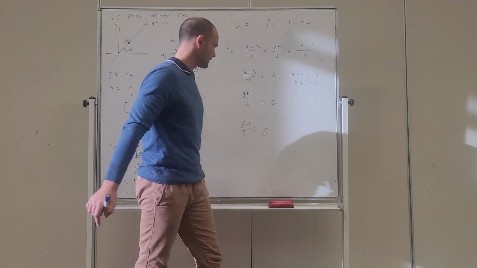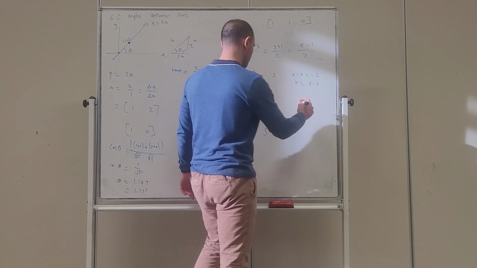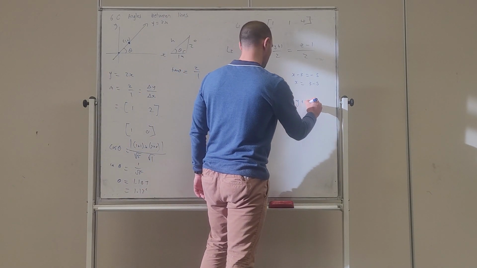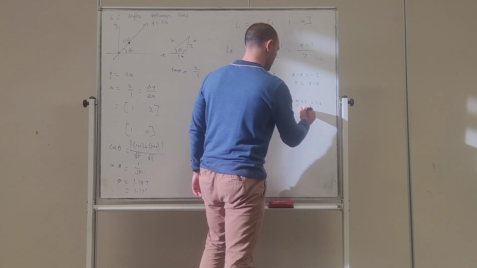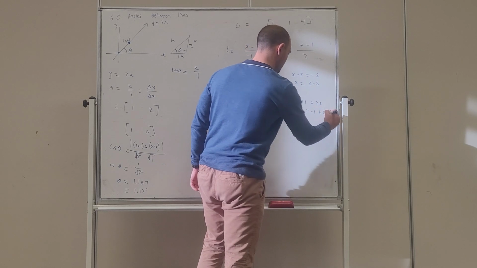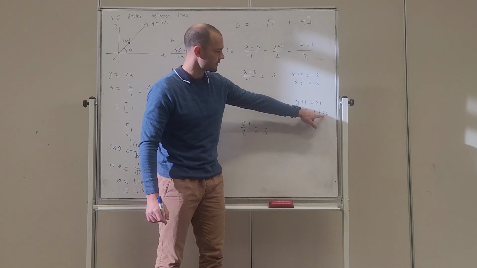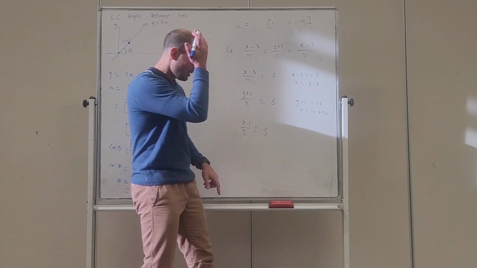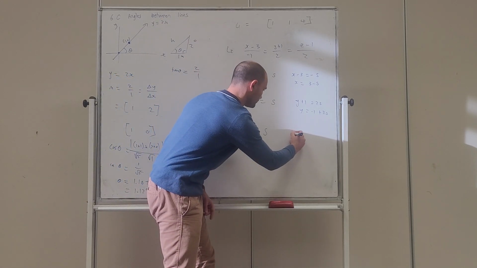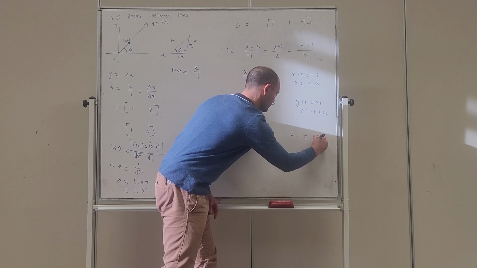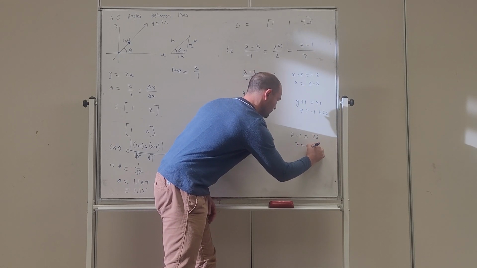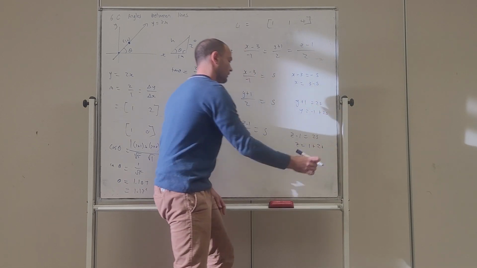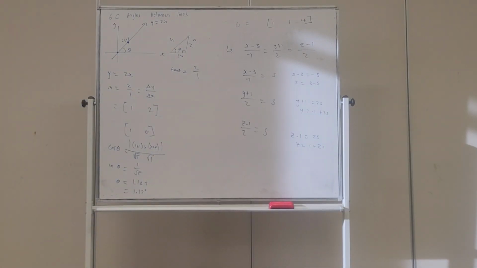The direction component is minus 1. Over here it's going to be 2. We have y plus 1 equals 2s. Y equals minus 1 plus 2s. Okay, so the direction component of this one is positive 2, and this one is going to be the same. Okay, so we've written it there in parametric form.